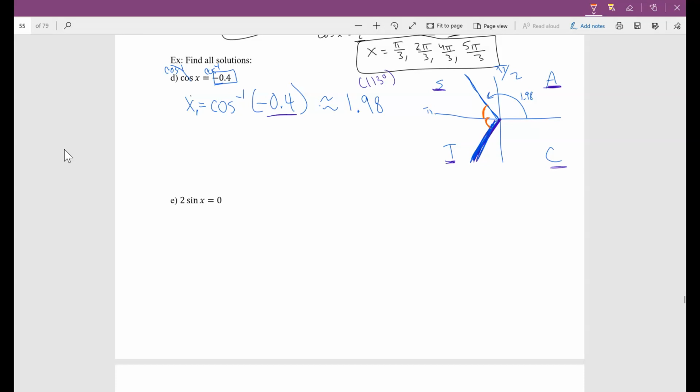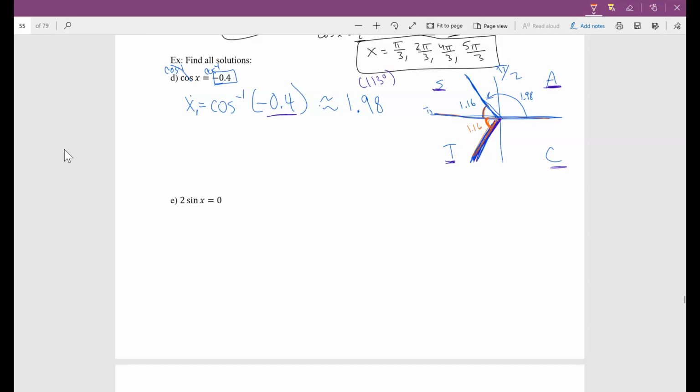This whole thing is pi, so this is a supplementary angle. If this is 1.98, how can I get the other one? It's going to be pi minus that number. Pi minus 1.98 gives me 1.16. So this guy is 1.16, and that means this guy right here is also 1.16.